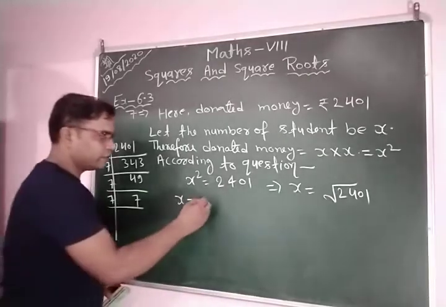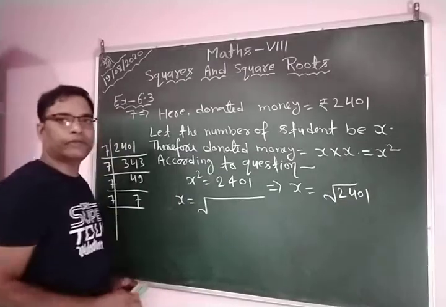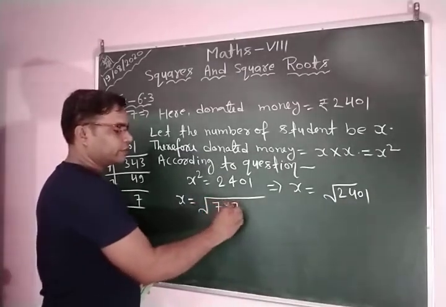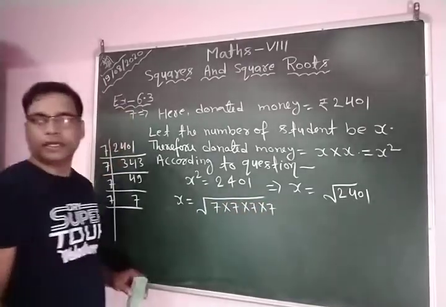So here you can see the prime factorization of 2401 is equal to 7 into 7 into 7 into 7. Clear?